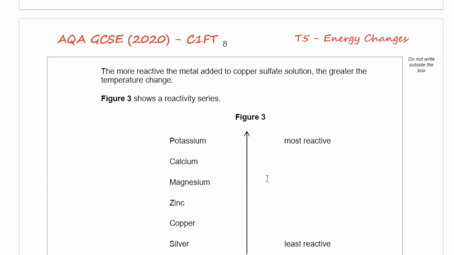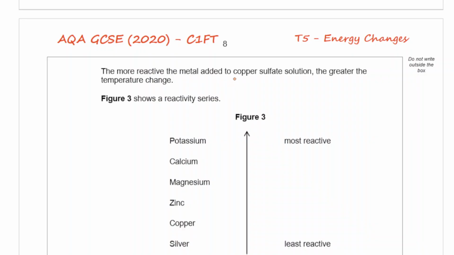The more reactive the metal added to copper sulfate solution, the greater the temperature change. Figure 3 shows the reactivity series. Okay, so potassium is the most reactive, silver is the least reactive according to this list.